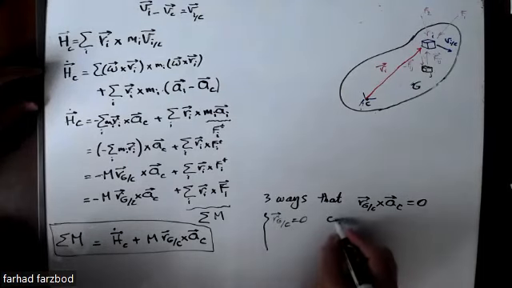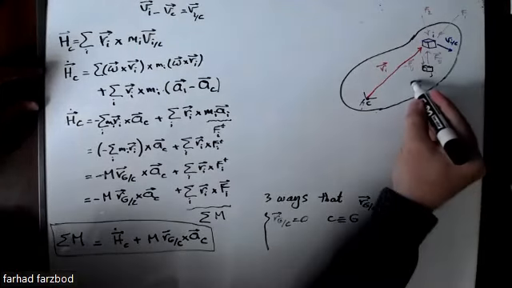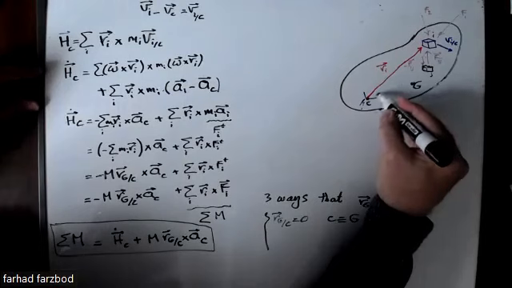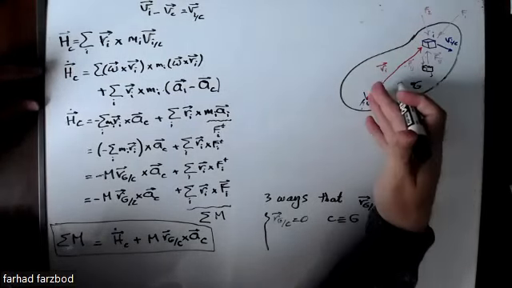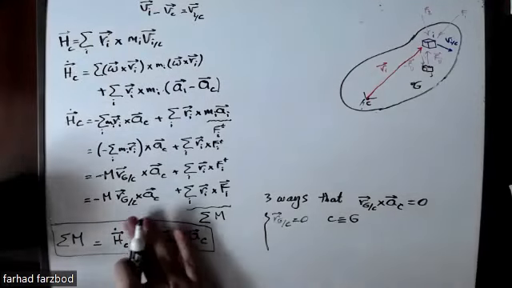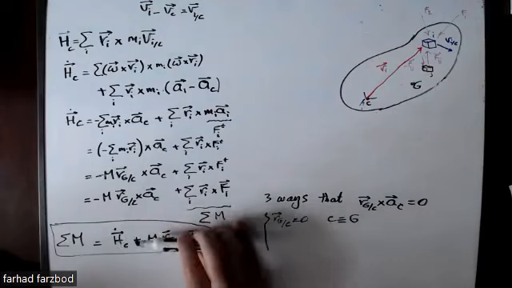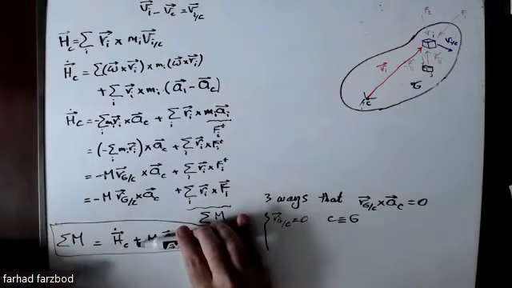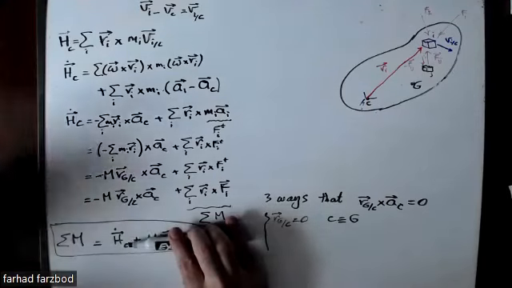This means that C is G, because if C is the same as G, the vector that goes from C to G is 0, right? So we can write this for the center of mass. So we can write sigma M equals the rate of change of angular momentum around the center of mass.